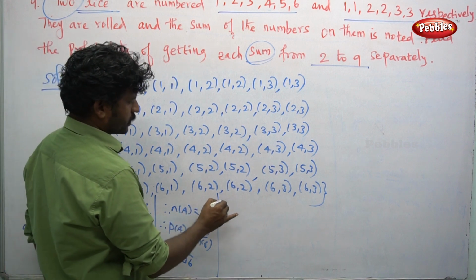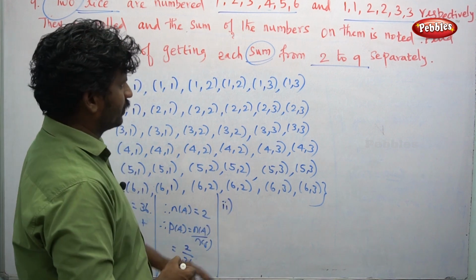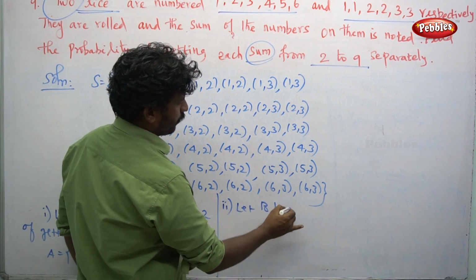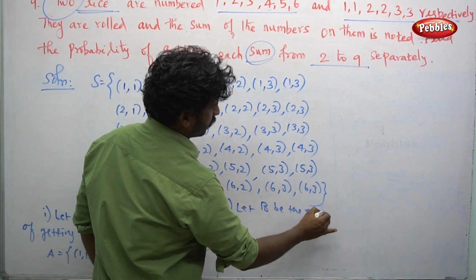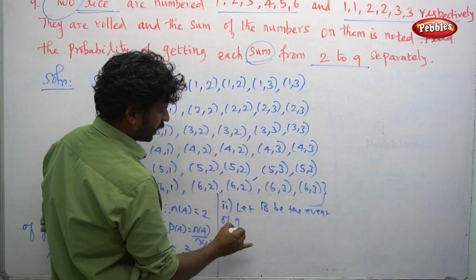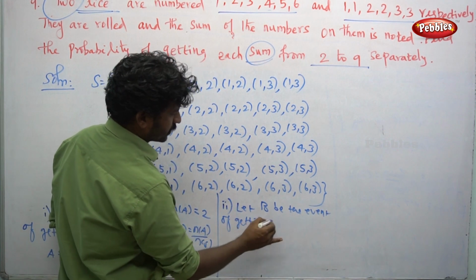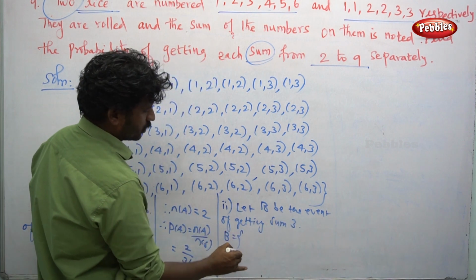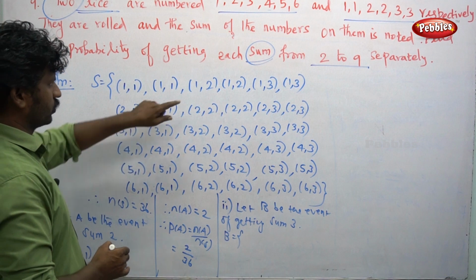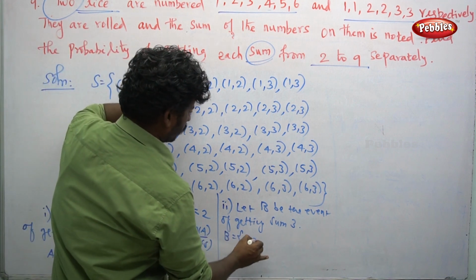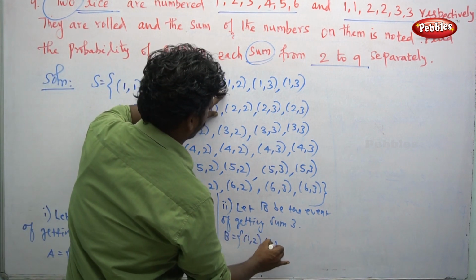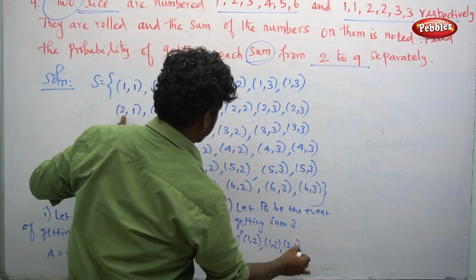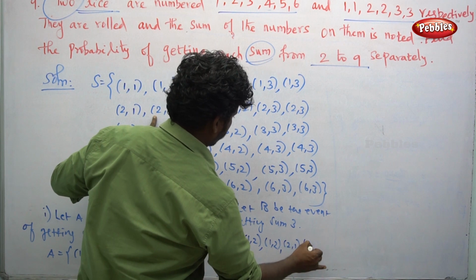The second point: let B be the event of getting sum 3. So B is equal to the outcomes where we get 3. So 1,2 will come, then 1,2 again, and where else will 3 come? 2,1 and again 2,1.